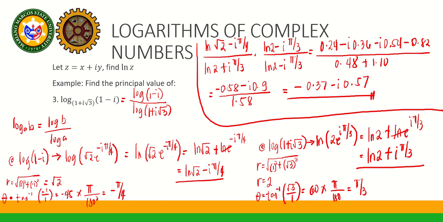Okay, so those are the 3 examples in solving the logarithms of complex numbers. So, unang gagawin is to convert yung z natin, convert si complex number into exponential, and then apply yung law of natural logarithm na ln of mn is equal to ln of m plus ln of n.